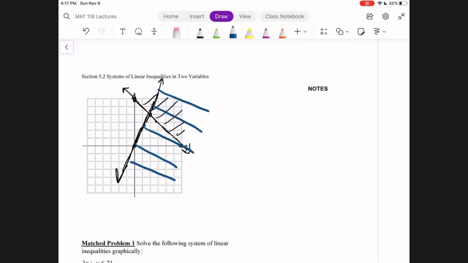At the intersection, I'm going to use green to show where they overlap is right here. So this is my solution region, and anything in this would work. And if there's a particular point that defines it, you can call this one right here a corner point. It's a point, like a corner, that touches your region.